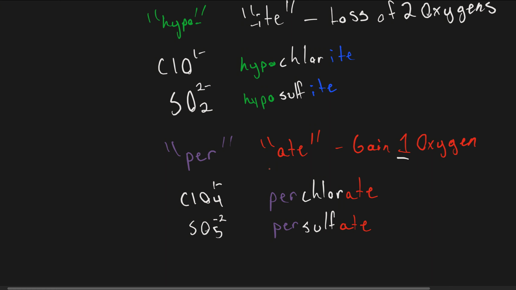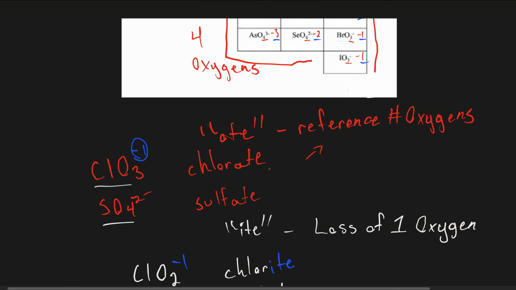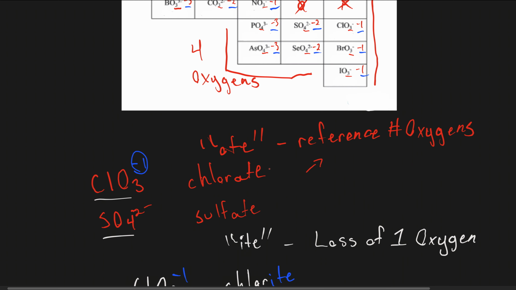So to recap really quickly, the common name for the number of reference oxygens that it commonly has will have the suffix ate. So chlorine with 3 oxygens becomes chlorate, and sulfur becomes sulfate when it's paired up with its 4 oxygens, its base form.